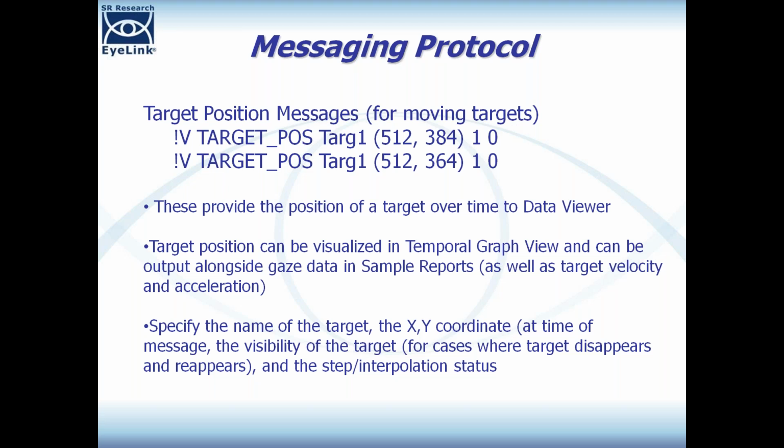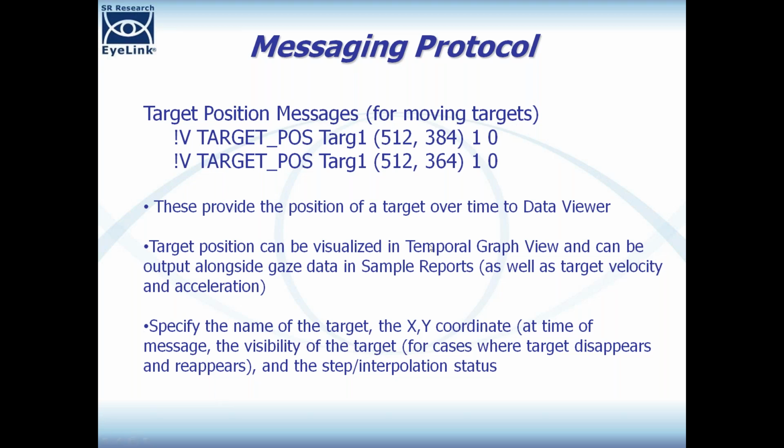So the idea is we're going to be recording eye movement data during the experiment, obviously with the eye tracker, but we also want to mark the location of this moving target in our data file. That way, when we go to do our analysis, we have an ongoing record of the position of this target on every screen retrace throughout the trial. And that way we can easily compare the eye position data to the position of the target over time.